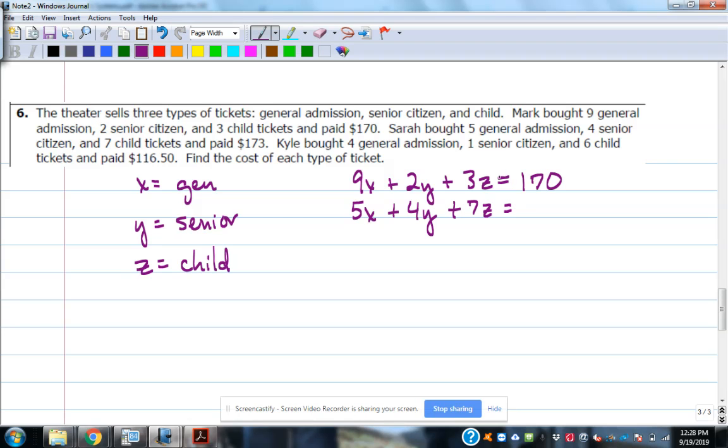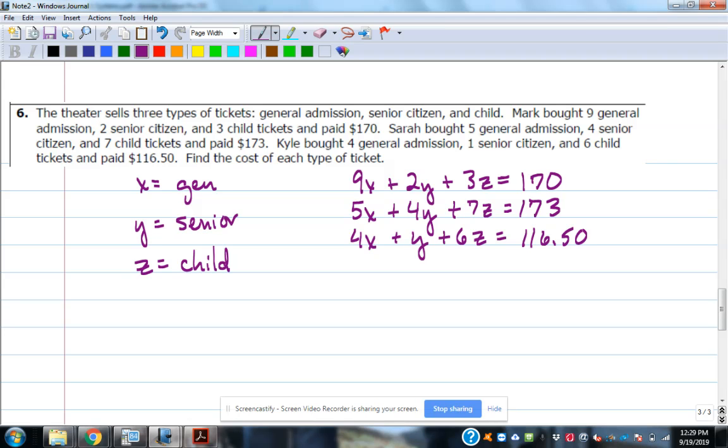And Sarah spent 173. Okay, Kyle is 4x plus y plus 6z, 116.50. So there's our setup on that word problem. It's actually pretty straightforward on that one.